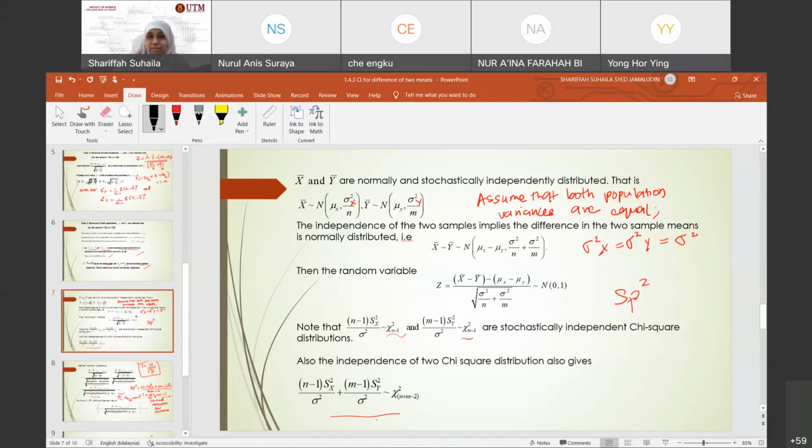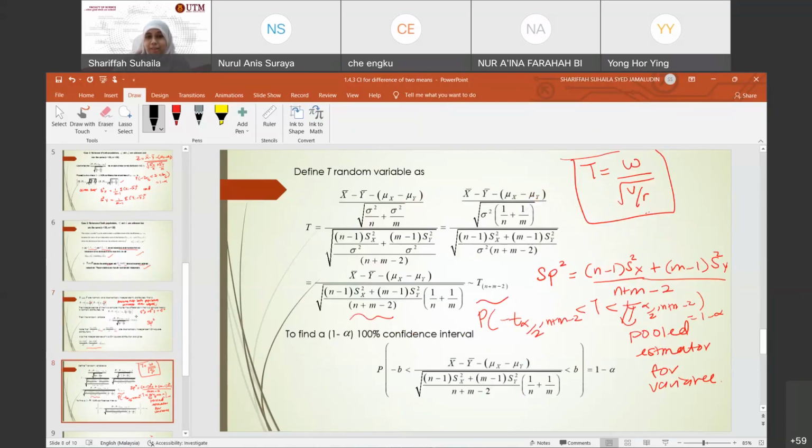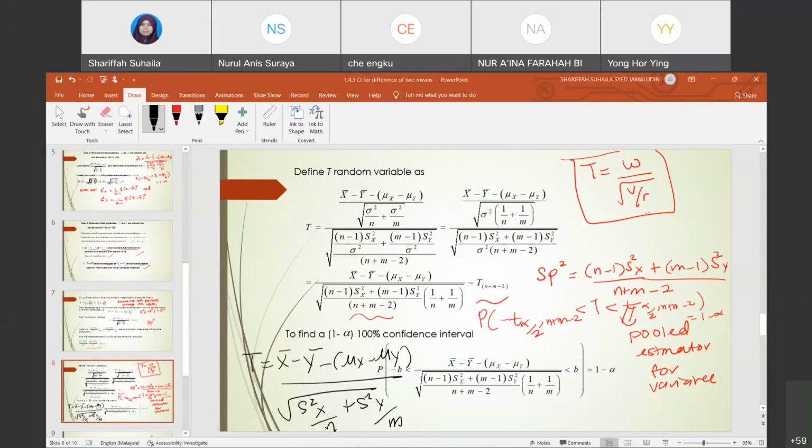Okay, you will have here is just T equals X bar minus Y bar minus the difference mu X minus mu Y, over square root S square X over N plus S square Y over M. Okay, cuma dia ada katakanlah alpha, V ni, degree of freedom ni yang kita compute dengan menggunakan certain formula. Okay, so itu adalah confidence interval.